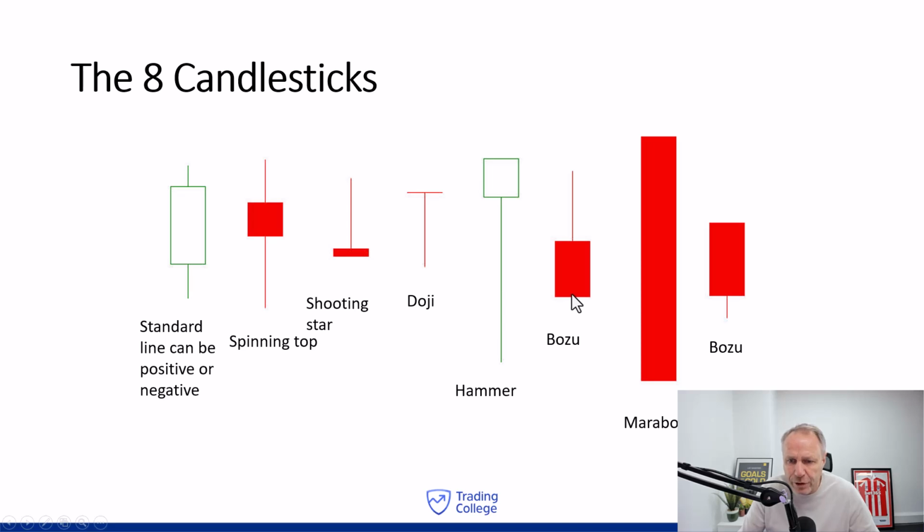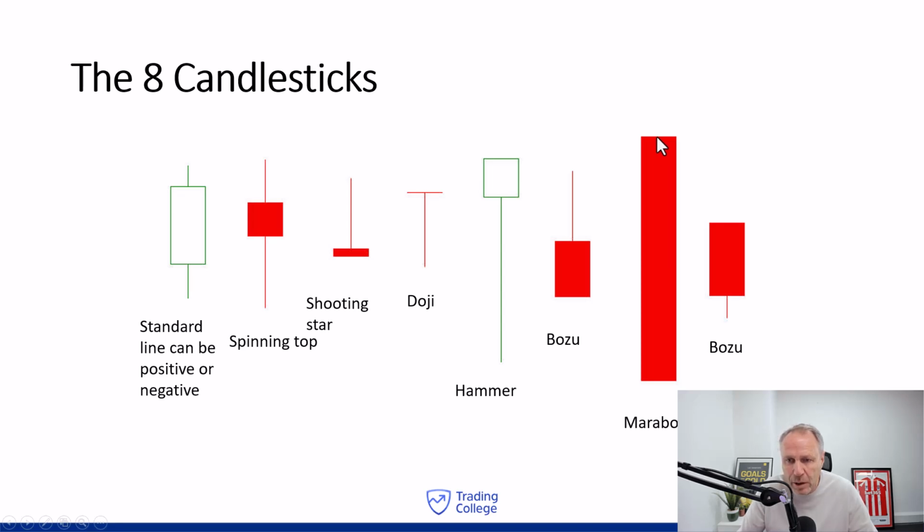Bozu candlestick, strange type of name for a candlestick. The Marabozu and the Bozu one here, they're the same family, where they basically are closing at the lows or highs. And you see this one closing sort of at a low or a high. This one here, the Marabozu, you don't often see these.